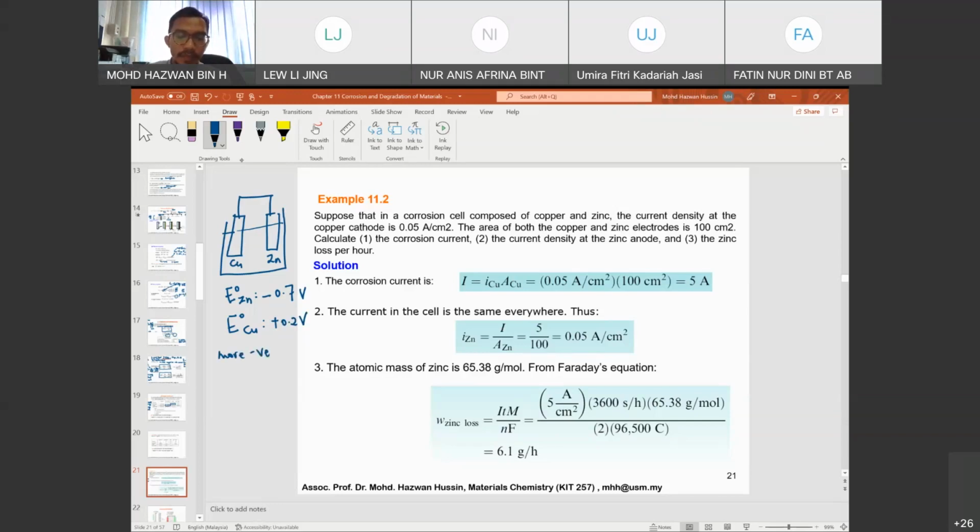Always remember that the more negative potential, it tends to oxidize easily, meaning that it is more reactive, and this will tend to become anode.